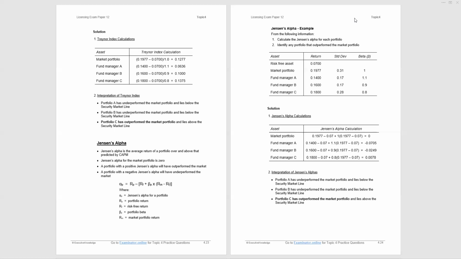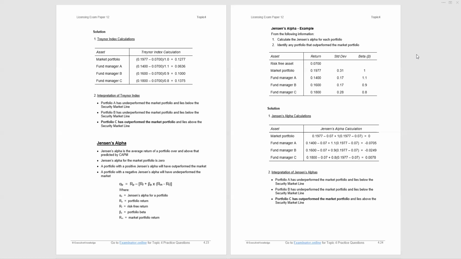Let's look at an example. Top of page 4.24. And we're asked to calculate Jensen's alpha for each portfolio and identify any portfolio that outperformed the market portfolio. Well, that will be portfolios with a positive alpha. We've seen this data before in the previous section. So let's do the calculation.